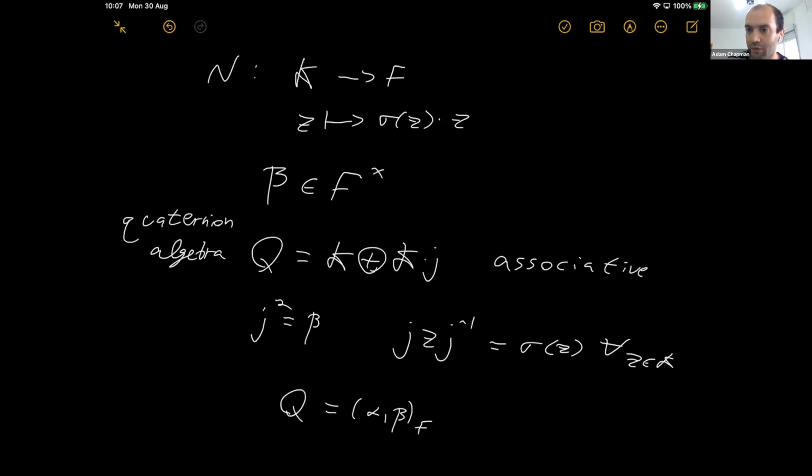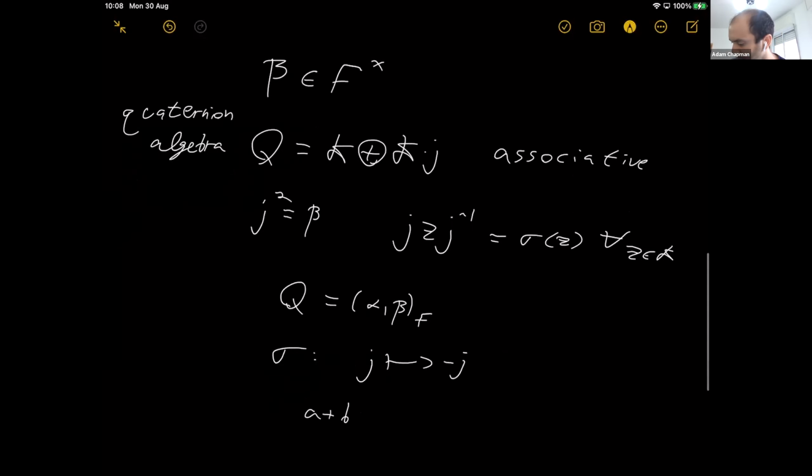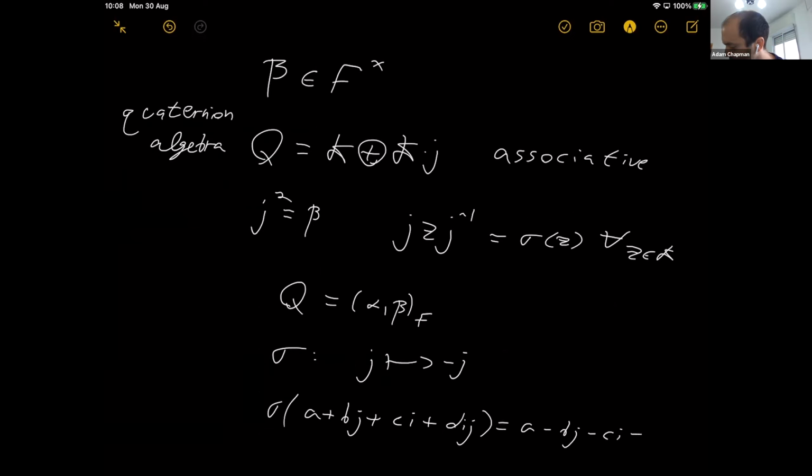Okay. So this is a non-commutative but associative algebra. It can be either a division algebra or a 2 by 2 matrix algebra over F. It mainly depends on the norm form. So here again, the involution extends from K to Q by just mapping j to negative j. So every a plus bj plus ci plus dij is mapped to a minus bj minus ci minus dij.